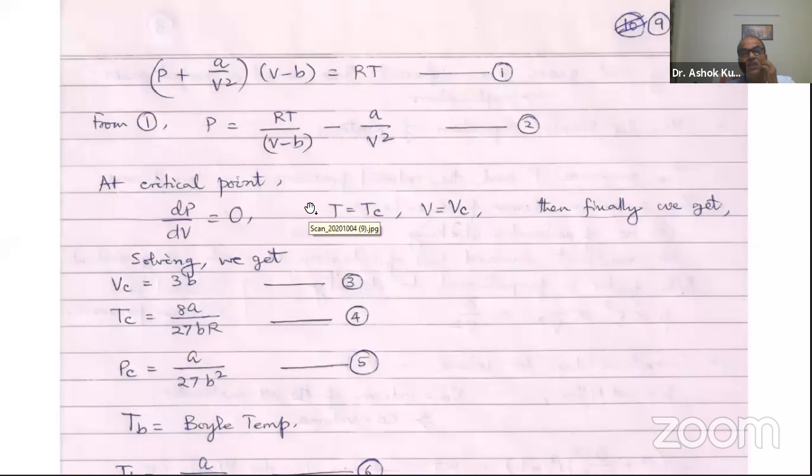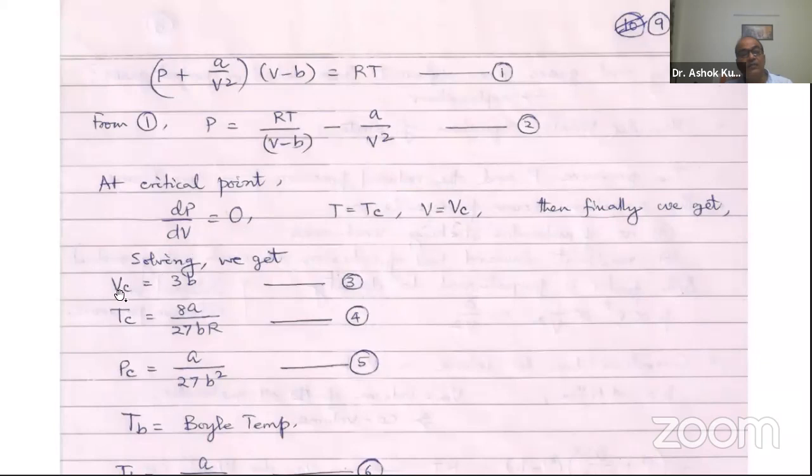In place of T, we write Tc, in place of V, we write Vc, and finally we find Vc. We want this Vc, Tc and Pc in terms of van der Waals constants, because P and V are variables. R, a and b are constants; a and b are van der Waals constants, which are different for different gases, and R is already constant.